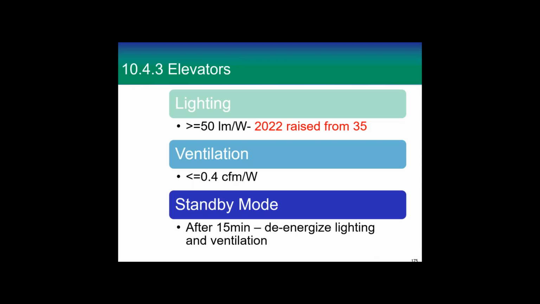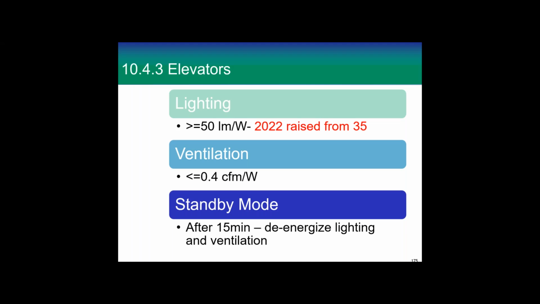So we also have elevator lighting, ventilation, and standby mode. For the lighting, we allow you 50 lumens per watt. Now, in 2019, we only allowed you 35 lumens per watt, but this was set by the mechanical subcommittee, and we've been doing all the work on elevators because it's a motor, so they thought it was us.